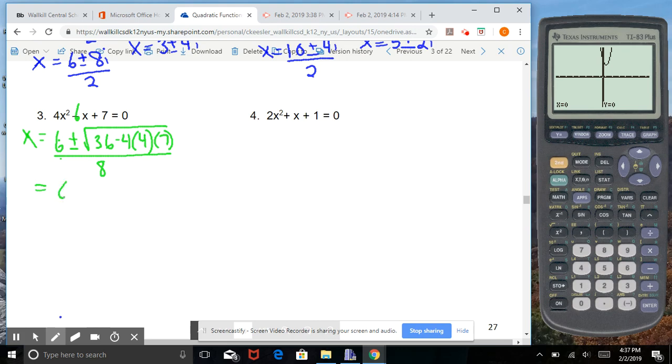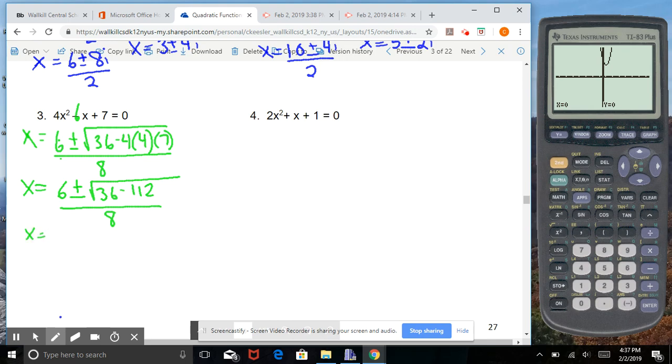Going further, 6 plus or minus the square root of 36 minus 4 times 4 is 16, and 16 times 7 gives me 112, all over 8.